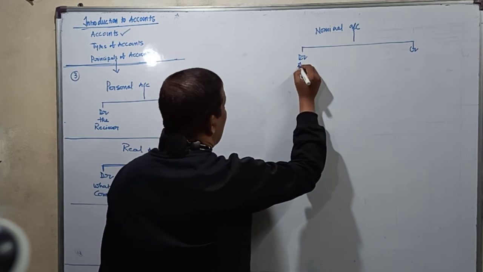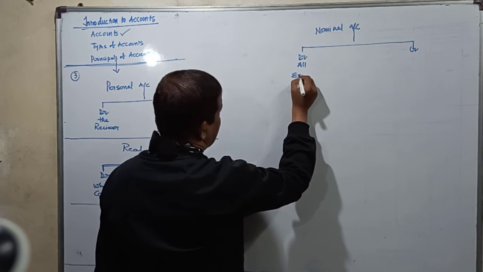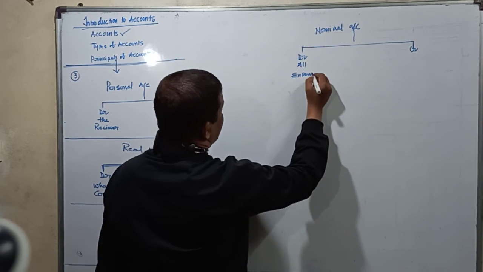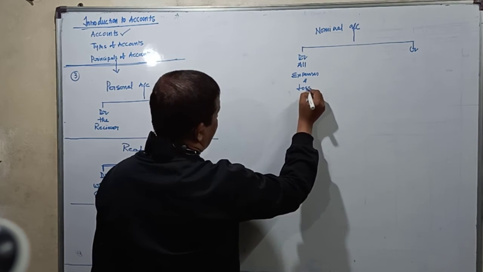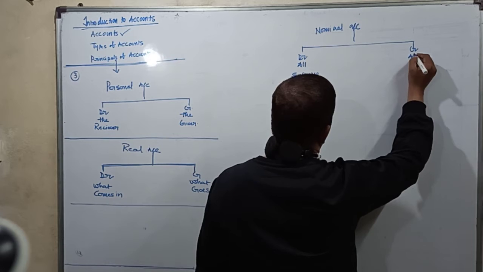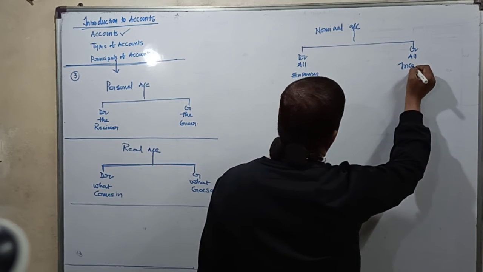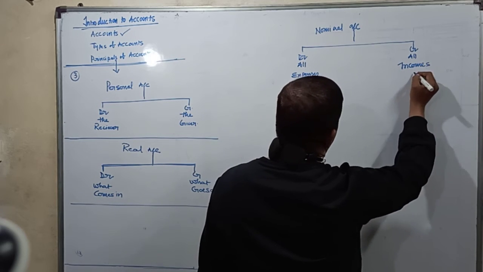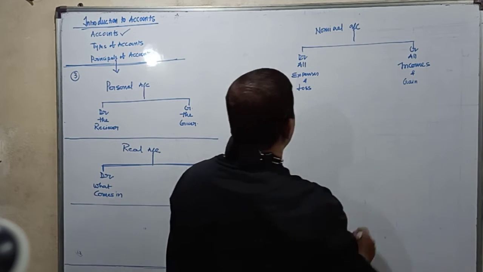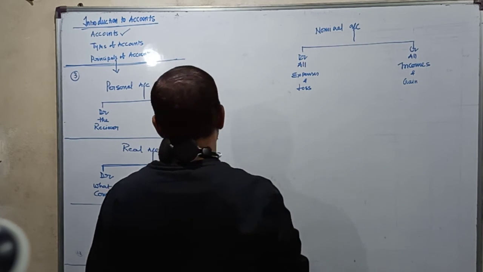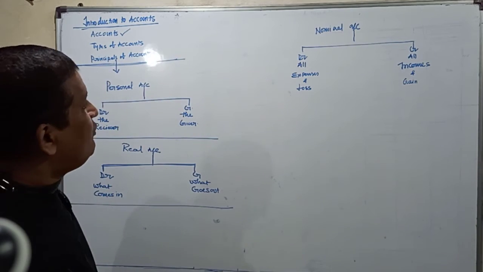Debit all expenses and losses, credit all income and gains. So this is the rule or principle for nominal account.